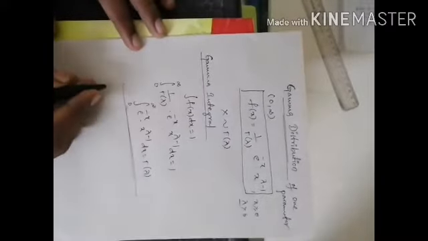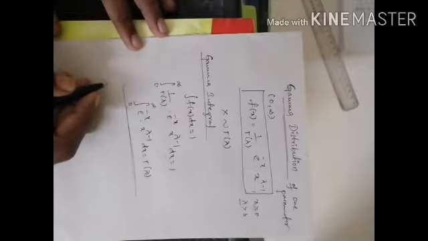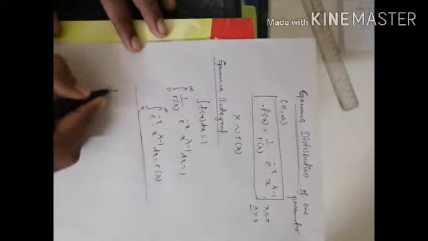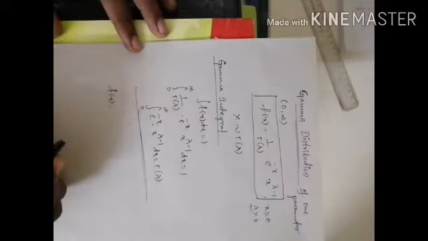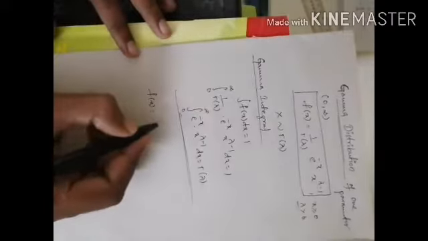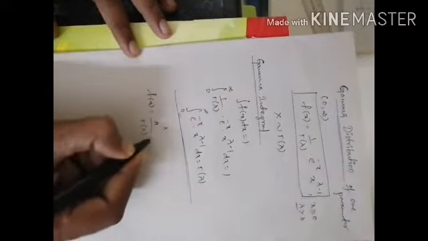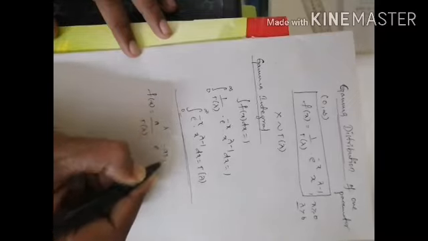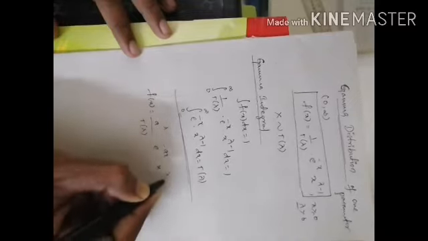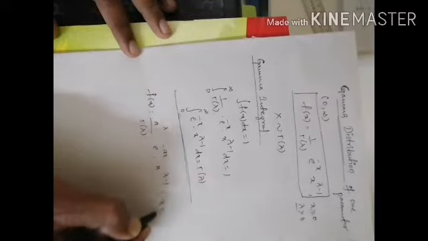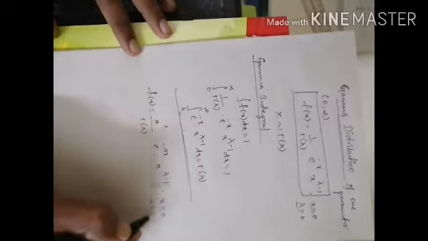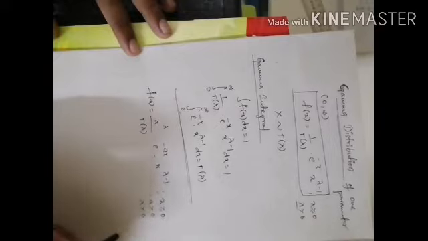A continuous random variable x in the limits 0 comma infinity has the probability density function f of x is equal to a to the power of lambda by gamma of lambda into e to the power of minus ax into x to the power of lambda minus 1, where x greater than or equal to 0 and a greater than 0, lambda is also greater than 0.